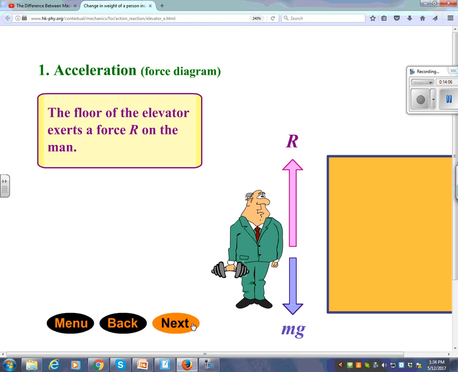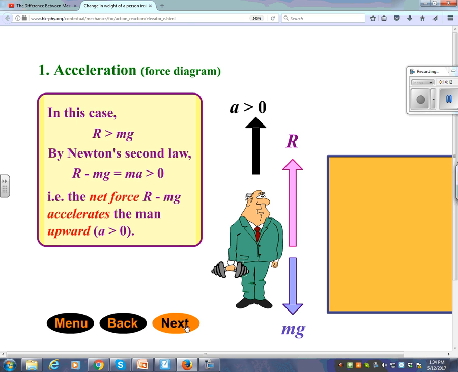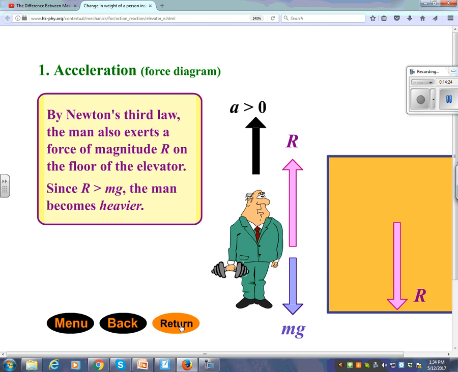There has to be a net force so that he accelerates up. In this case, the normal force R is greater than mg, and by Newton's second law, R minus mg equals ma, and it's greater than 0. And the net force accelerates the man upwards. By Newton's third law, the man also exerts a force of magnitude R on the floor of the elevator, and since R is greater than mg, the man becomes heavier.